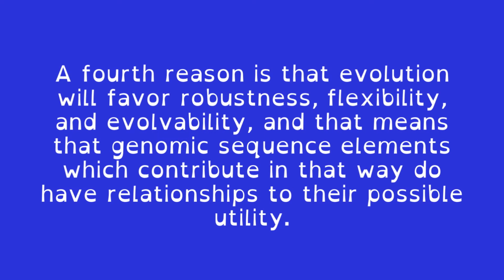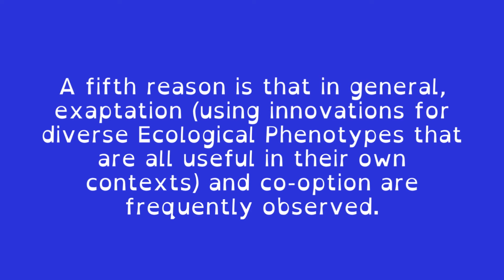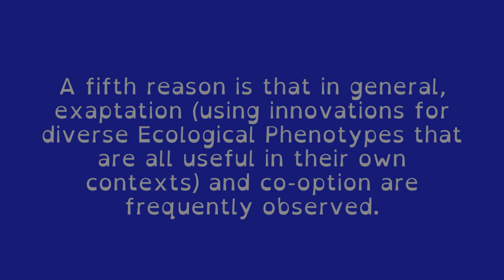A fourth reason is that evolution will favor robustness, flexibility, and evolvability, and that means that genomic sequence elements which contribute in that way do have relationships to their possible utility. A fifth reason is that in general, exaptation, using innovations for diverse ecological phenotypes that are all useful in their own contexts, and co-option are frequently observed.